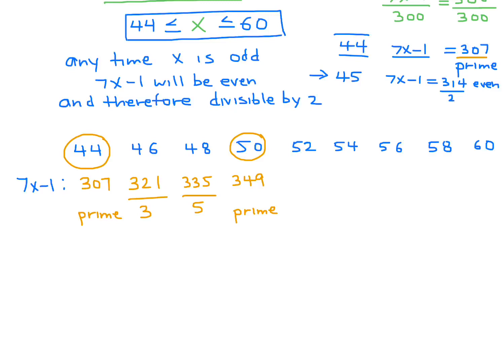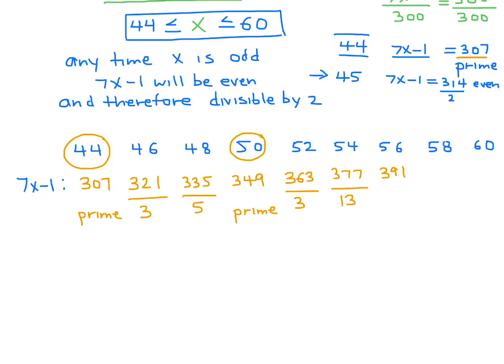When x is 52, we get 363 for 7x minus 1. That's divisible by 3, so this term will not be in lowest terms. For 54, it's 377. That's divisible by 13. So this term will not be in lowest terms.